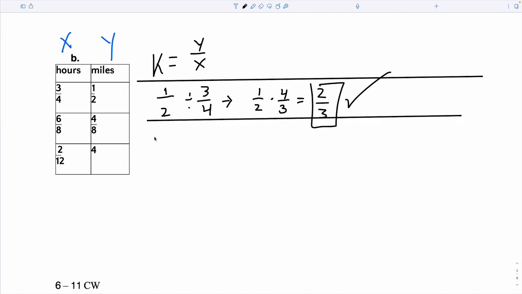Ethan, set this one up. What number goes on top? You got it. Y over X. And divide.